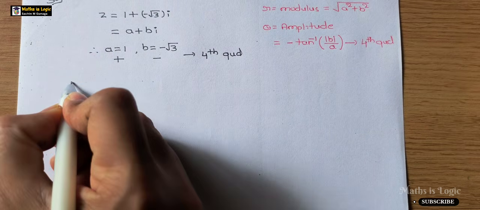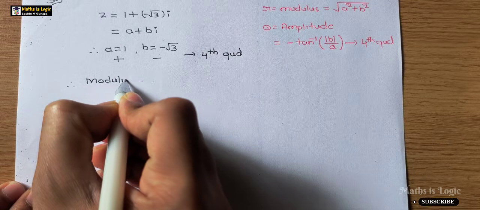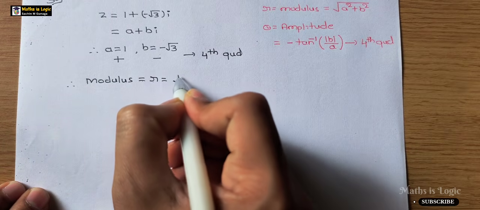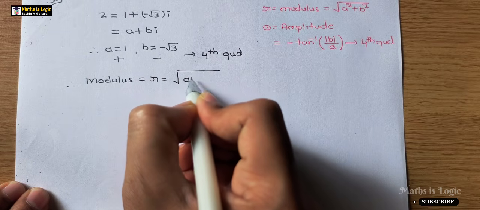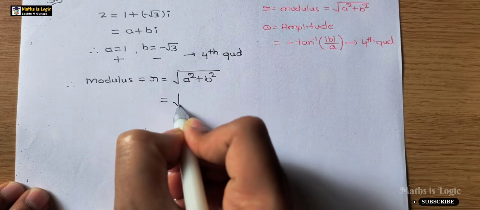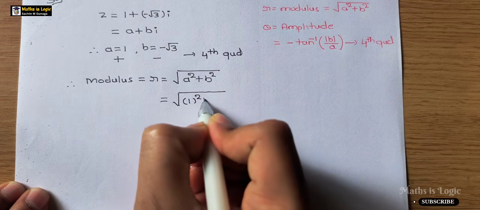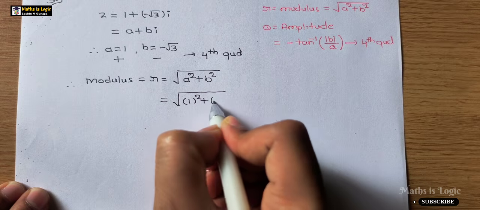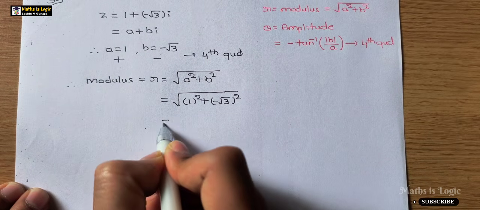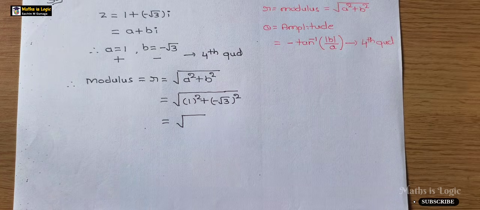Okay. Therefore, first the modulus. r is equal to, what is the formula? Square root of a square plus b square. So which is equal to square root of a is 1, so 1 square, plus b is minus root 3 square. So which is equal to square root, keep it as it is, so directly use the calculator.